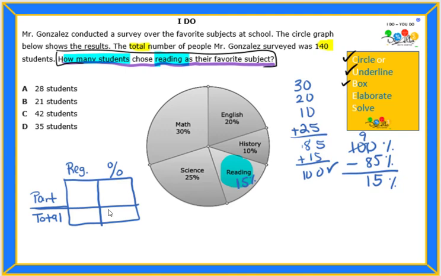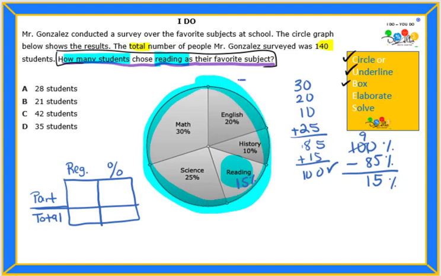And there is one number that we are always going to know: the total percent for the entire circle graph. Remember what we said that was? 100%. So the total for percentage will always be 100% when we're dealing with a circle graph.